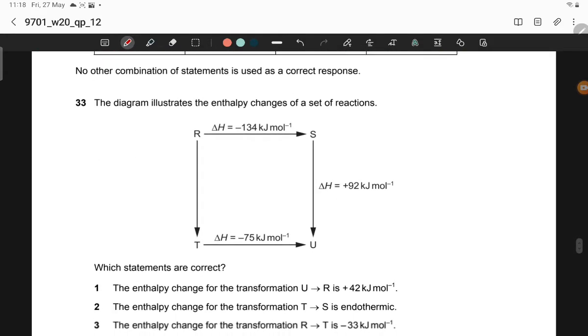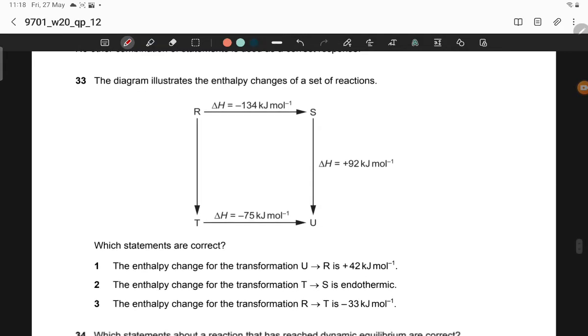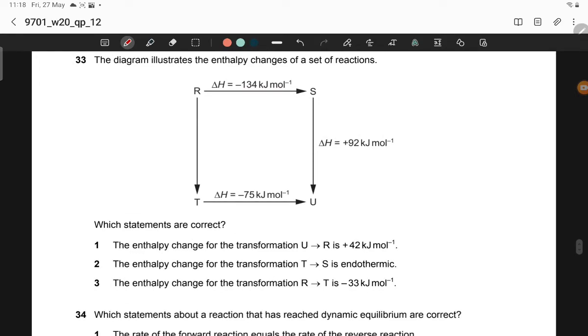Question number 33. No other combination of statements is used. The diagram illustrates the enthalpy change of a set of reactions. Which statements are correct?